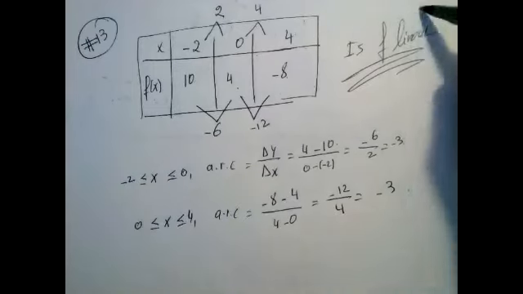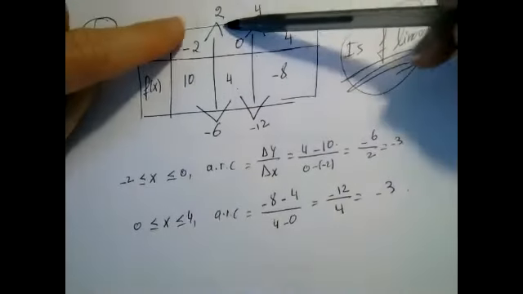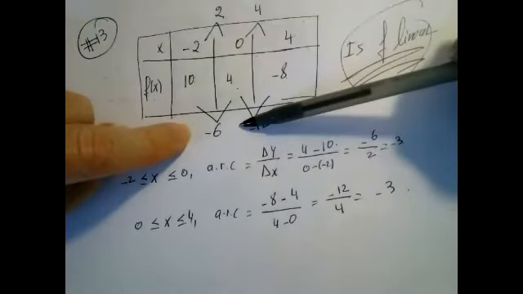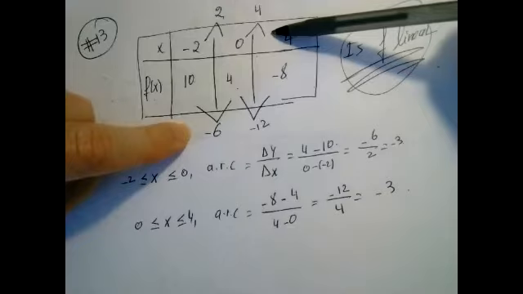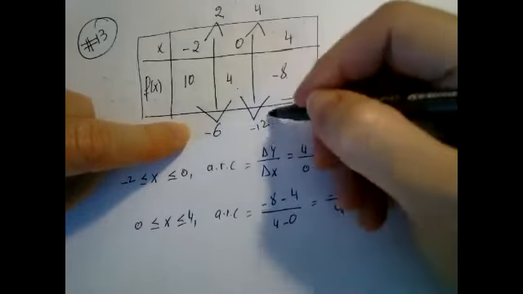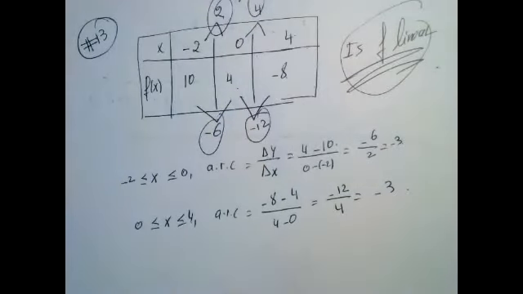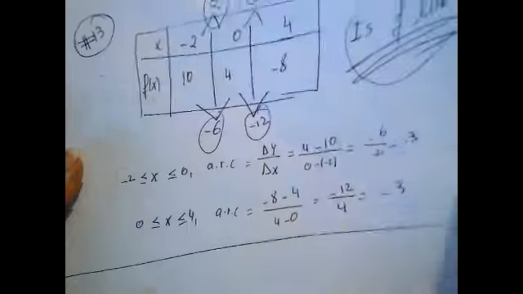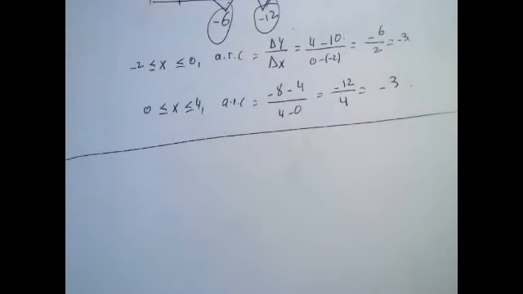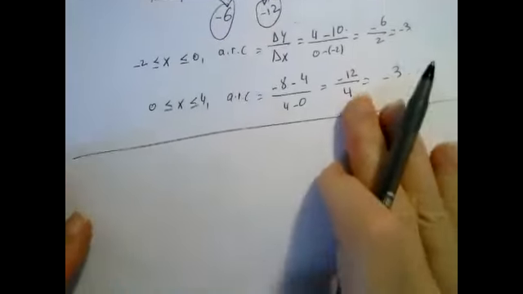Linear, absolutely, that's a linear function. If x goes by 2, y went down by 6. x went by 4, it went down by 12. So the ratio is always the same, and that's really what the slope is about. So the slope is absolutely the same. This is 13. Now let me look at number 16. Okay. Number 16.